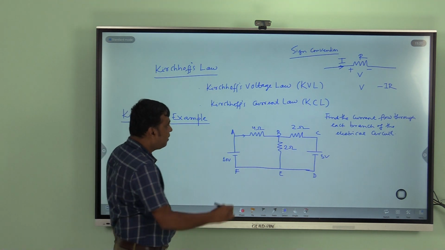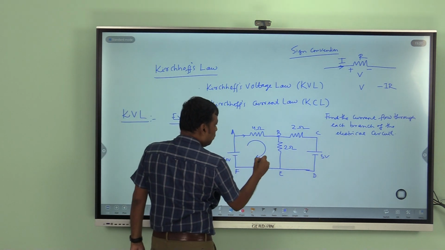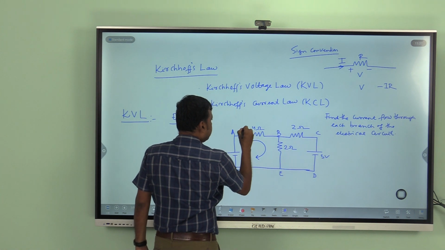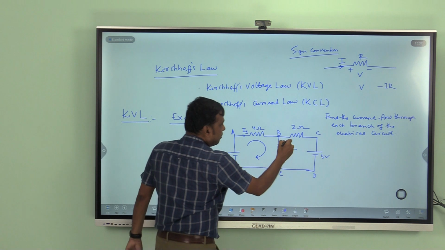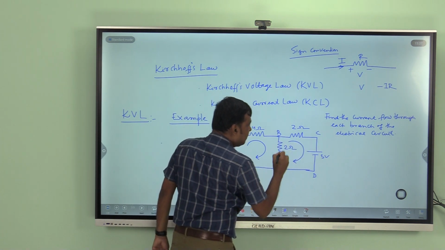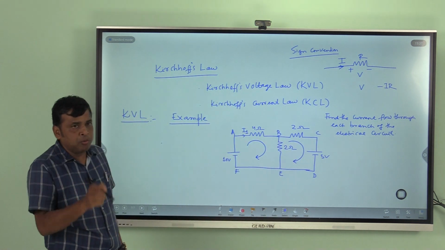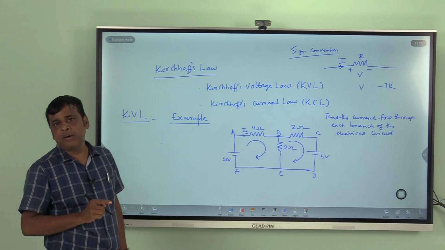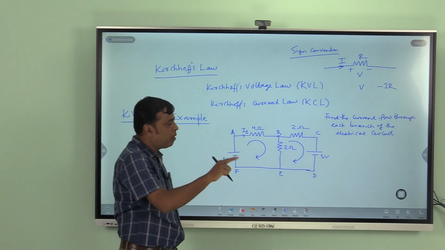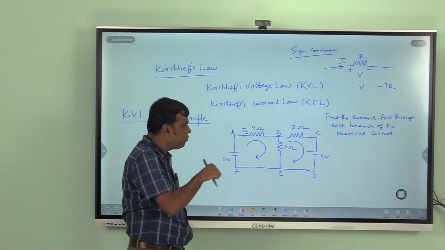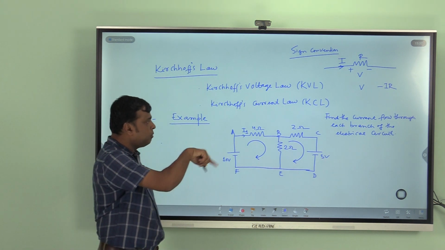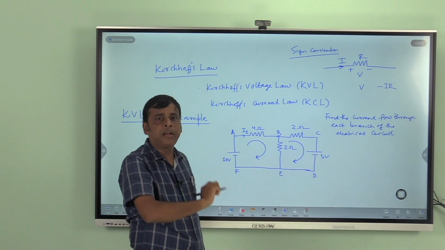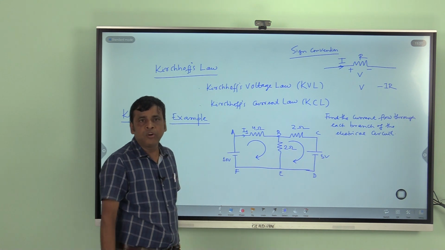I am assuming the current in the two loops, let the current be I1. One important thing: when you assume the clockwise direction of the current, then in all the loops you have to assume the current flowing clockwise. If you assume anticlockwise, then all the loops should be anticlockwise. Do you understand or not?